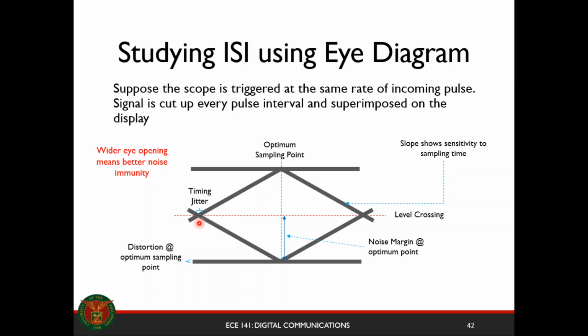If we're using maximum likelihood detection, the boundary between the two symbols and the optimum sampling point is in between them, right here. You have a distortion at the optimum sampling point, a noise margin at the timing jitter, and the slope here shows the sensitivity to the sampling time, and so on.